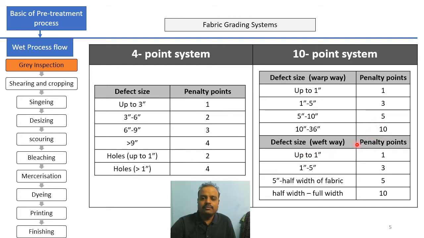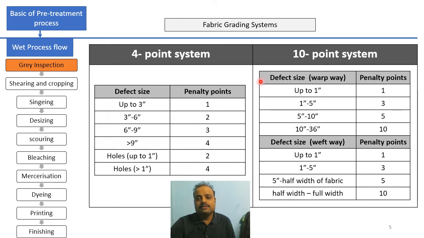So in case of weft way, if the defect length is 1 inch, you can allot 1 penalty point. If the weft way defect is within 1 inch to 5 inch, you can allot 3 penalty points. If the defect is between 5 inch to half the width of a fabric, you allot 5 penalty points. And if the weft way defect is within half width to a full width, the penalty point is 10, right?